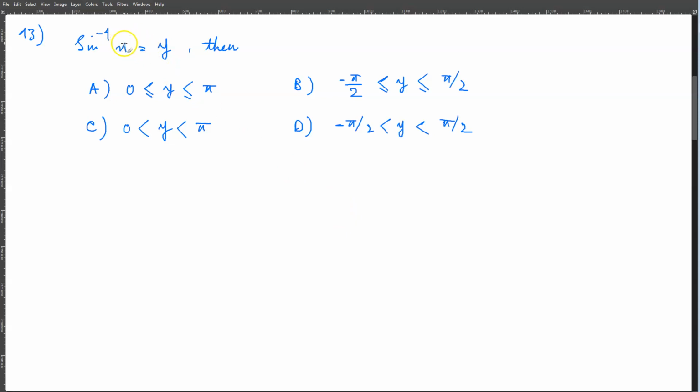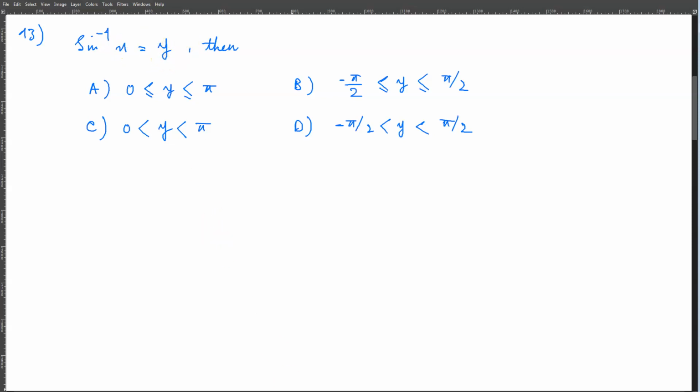So if sine inverse of x is equal to y, what that means is that x is some ratio and y is some angle.